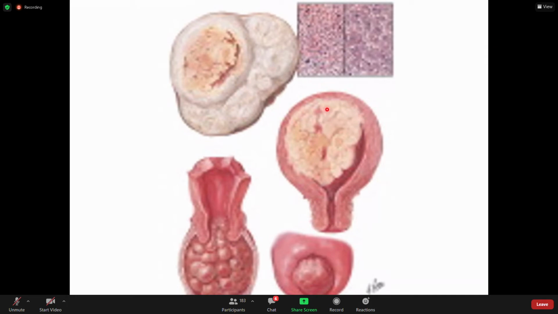Now, if you want to take a look at this, true that you see a capsule surrounding this tumor mass, but at the end of the day, there are areas of redness here. What are these areas of redness, in your opinion? These are areas of hemorrhage, which is a feature of malignant neoplasm. Why is that the case? Because as the tumor mass is growing, it is going to be making its own blood supply.